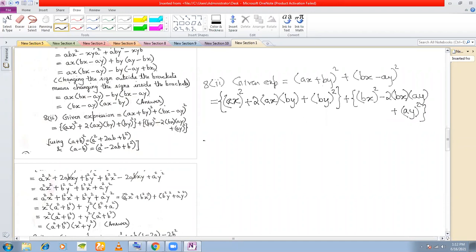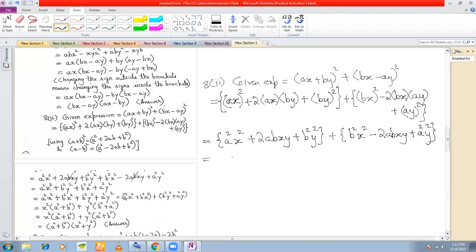Okay. Now you simplify. You have a square x square plus twice abxy plus b square y square plus b square x square minus twice abxy plus a square y square.